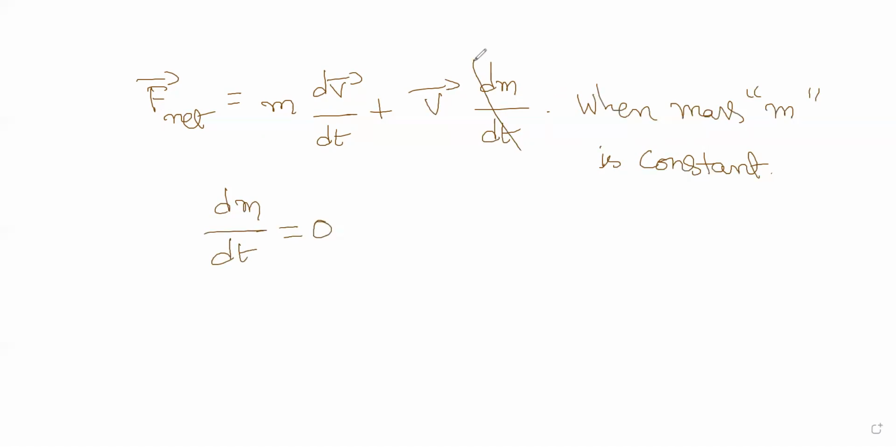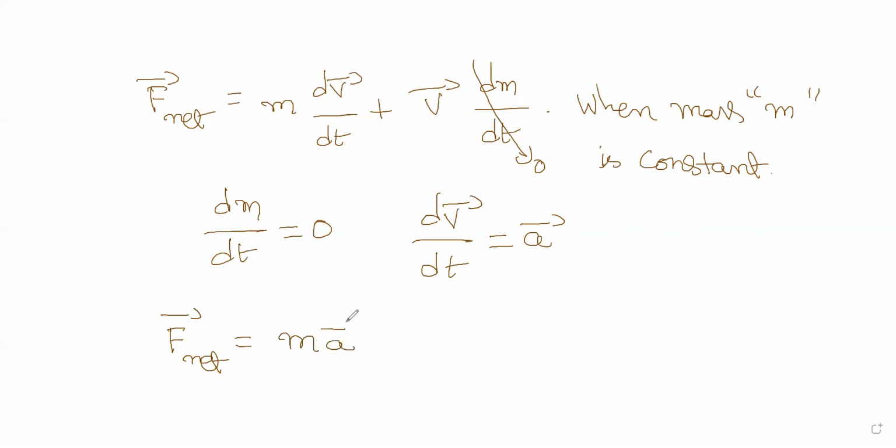And as I told you, dv bar by dt happens to be acceleration a bar. So when you substitute, what you are going to get is F bar net is mass into acceleration plus 0. This part is anyway 0. So F net is mass into acceleration.